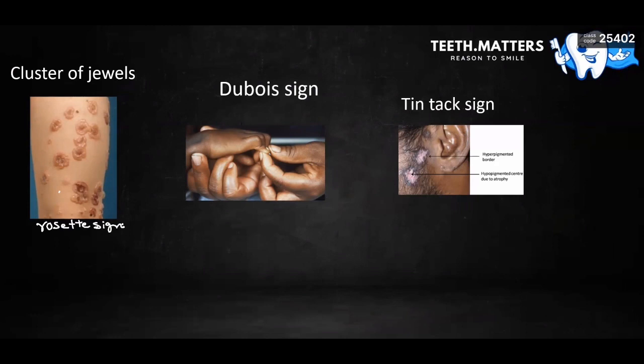In this, the new lesions, these red areas, form around the margin of the older lesion, resembling a cluster of jewels. That's why it appears like a cluster of jewels.